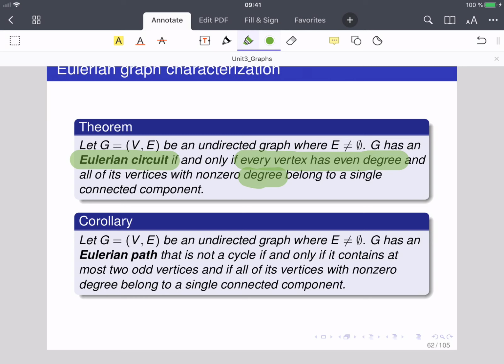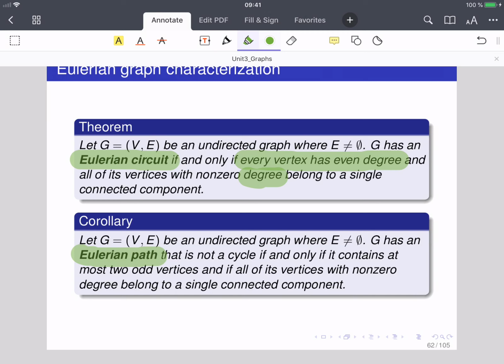This theorem is for the case in which we have an Eulerian circuit, a cycle which starts and ends in the same vertex and uses all the edges of the graph once and only once. But we can also have Eulerian paths, paths that are not closed, that start and end in different vertices, but use all the edges in the graph once and only once.